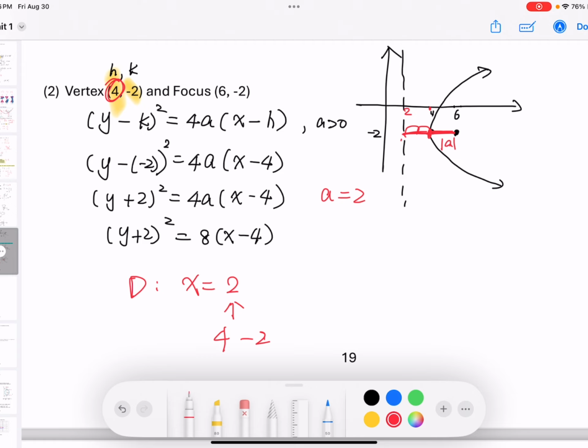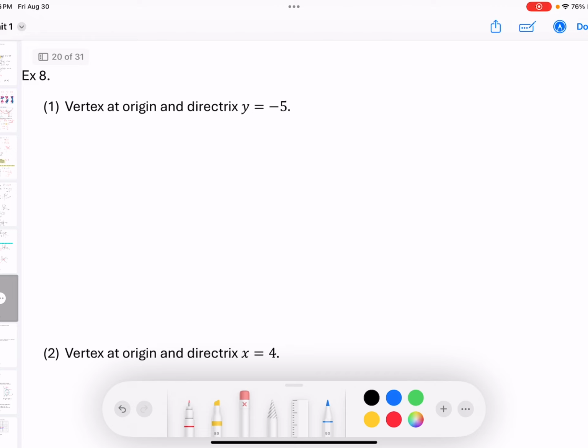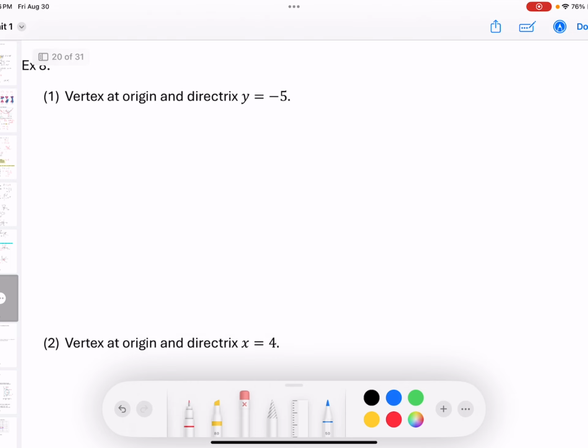Okay, let's move on to the next example. The vertex is at the origin and the directrix is y is equal to -5. Let's make a sketch. What does the graph look like? The vertex is at the origin, and the directrix is y is equal to -5.